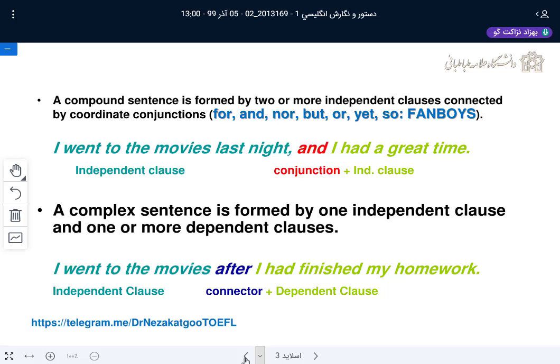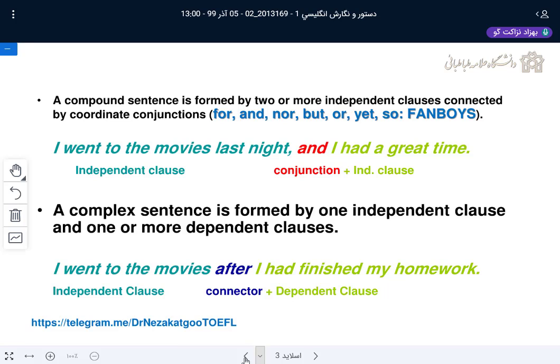If you miss the coordinate conjunction, the sentence will be a comma splice. And if you miss both of them, again, this is not acceptable, because in a sentence we have one subject and one verb. So in that case, we will have two subjects and two verbs without any compounding.